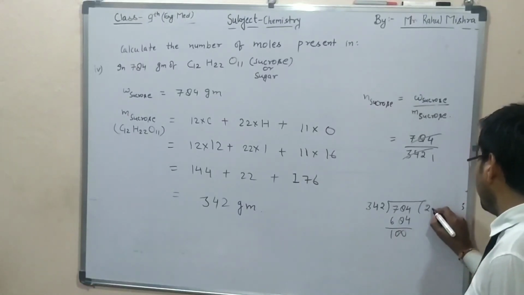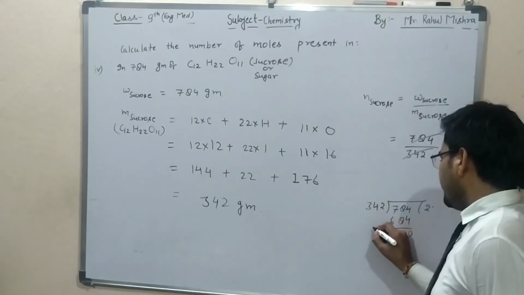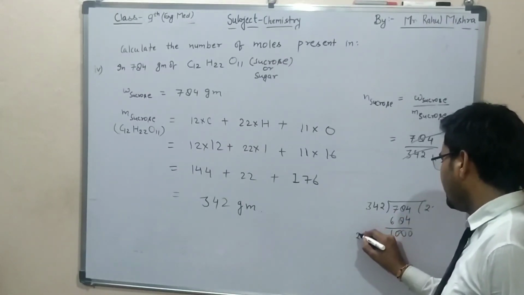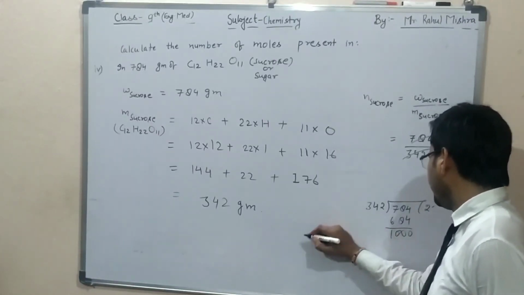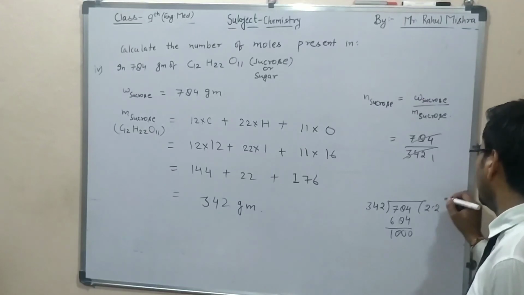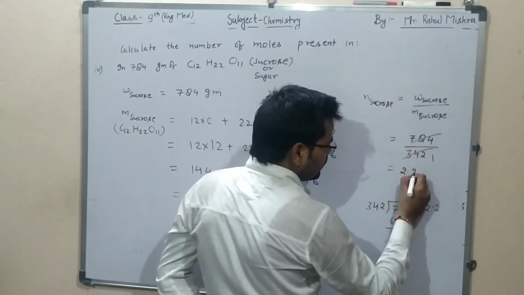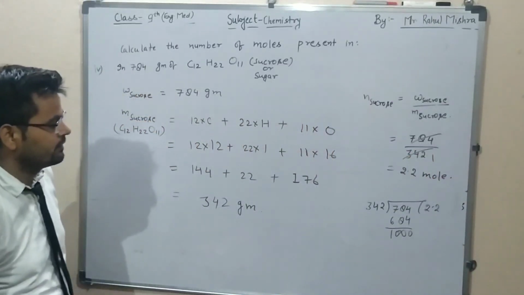So 100, point, carry. So 3 times 3 2s are 6, 3 4s are 12. So listen, 2.2 mole. It means the number of moles of sucrose will be 2.2 mole. So this will be your answer.